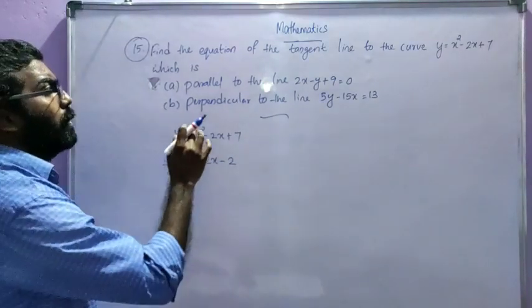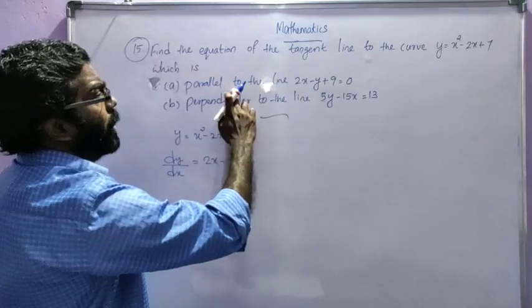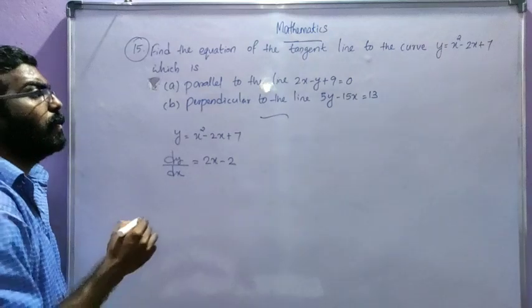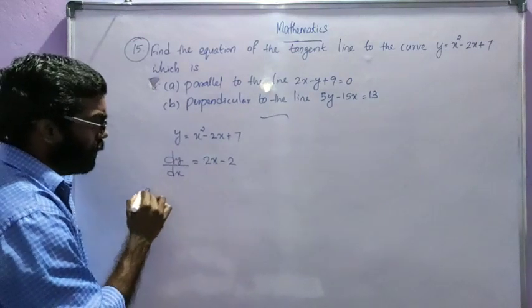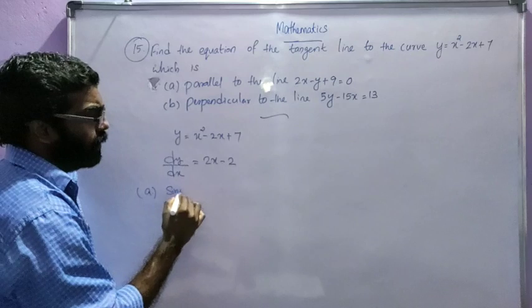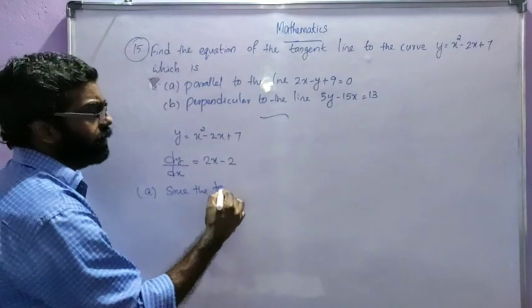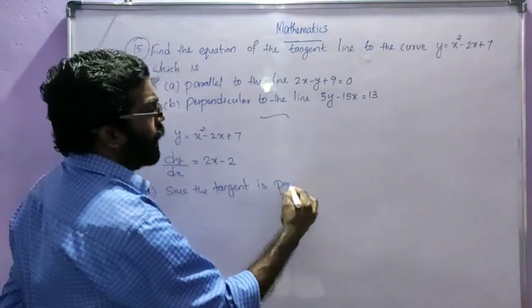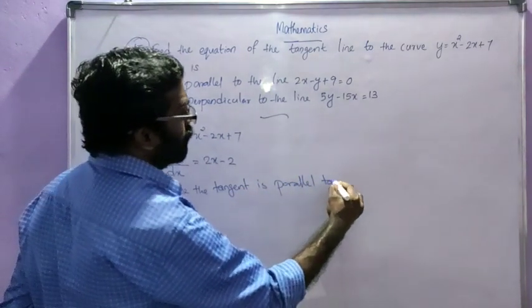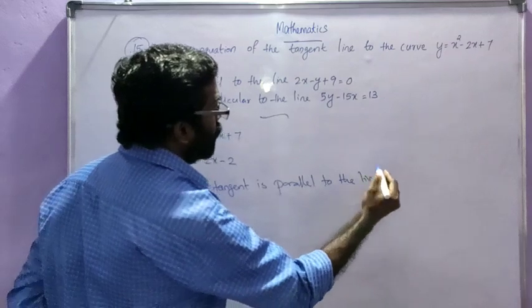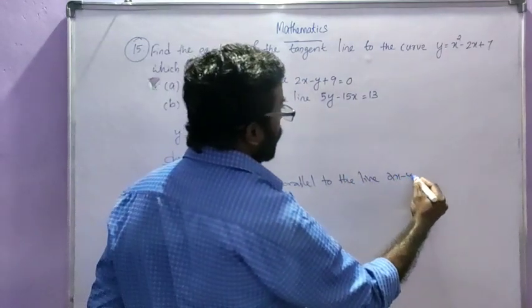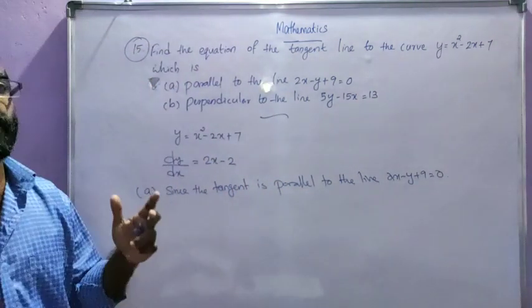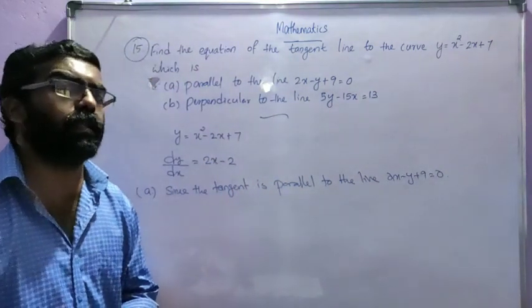Okay. And the tangent line is parallel to the line 2x minus y plus 9 is equal to 0. So that is the first part. Since the tangent is parallel to the line 2x minus y plus 9 is equal to 0, we can say the slope of two lines are equal.